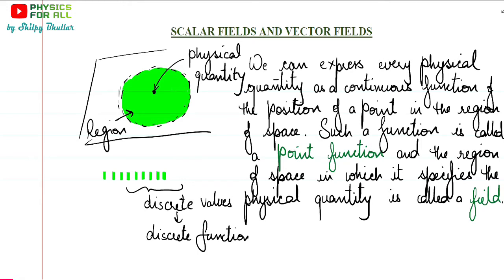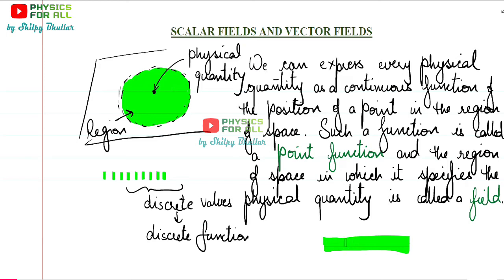So if we want to show the spread, that the physical quantity is over this particular region, then we talk in terms of continuity. We are not counting. Here I can count, this is 1 2 3 4 5 6 and so on, but here I just can't count. It's just spread out. So here the physical quantity is spread out over this particular region.